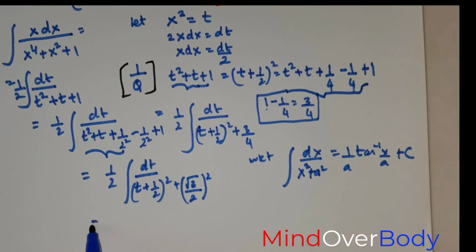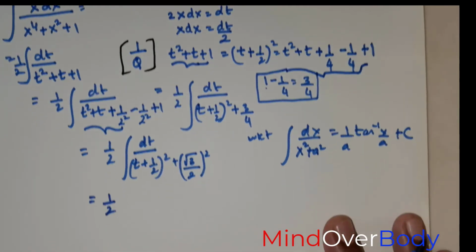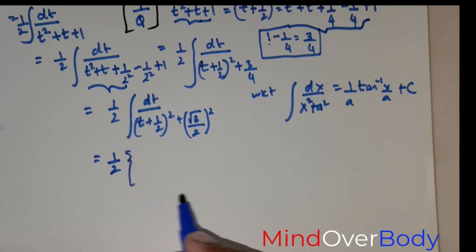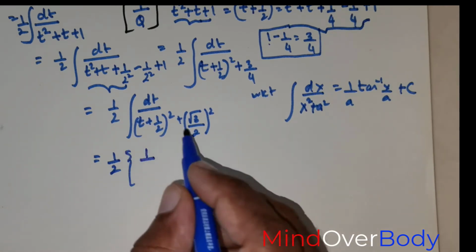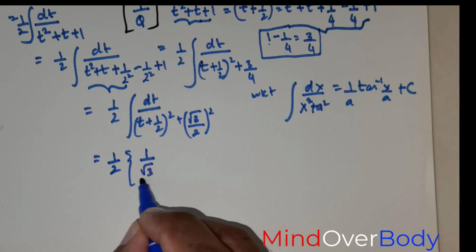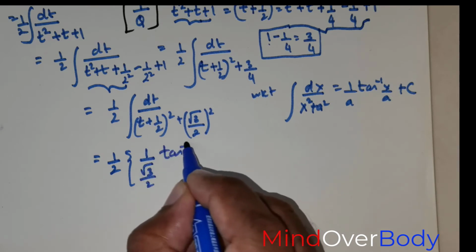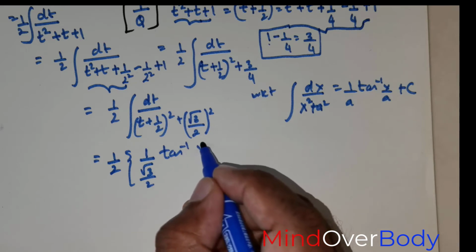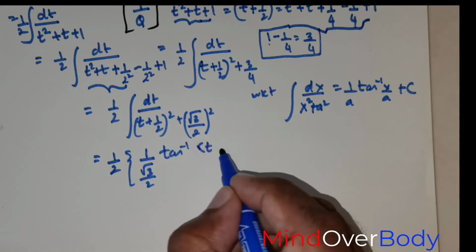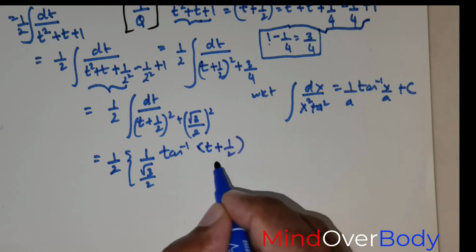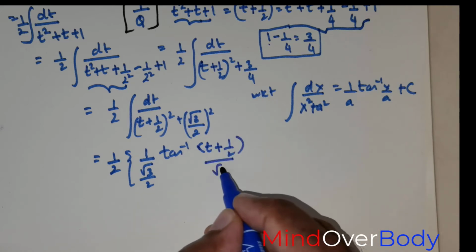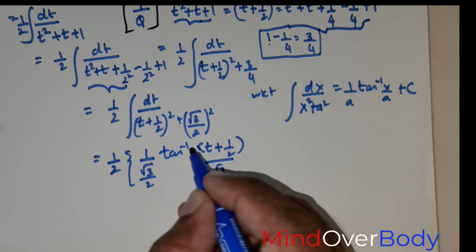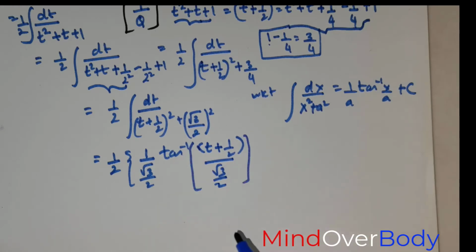So if I were to do this, this is going to be 1 over 2, 1 over a, so 1 over my a is root of 3 over 2 times tan inverse of x over a. So in this case my x is t plus 1 over 2 over a, that's going to be root of 3 over 2, right? So this is what I've got.